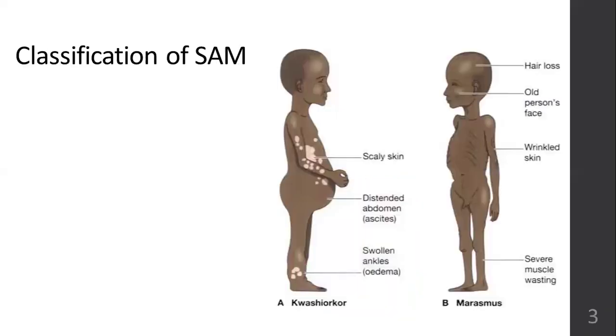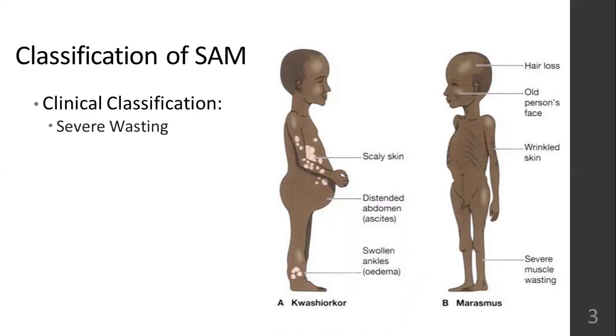Coming to the classification of severe acute malnutrition, there are two types of classification. One is clinical: severe wasting, nutritional edema. The other is complicated or uncomplicated. Severe wasting is also called marasmus.